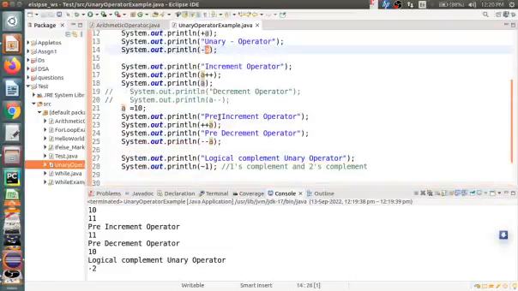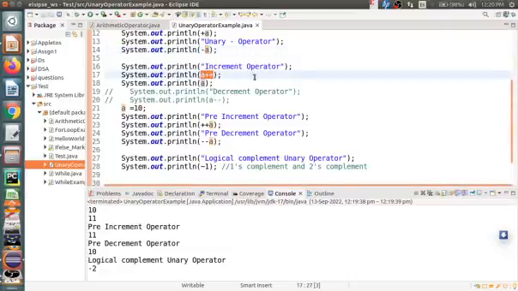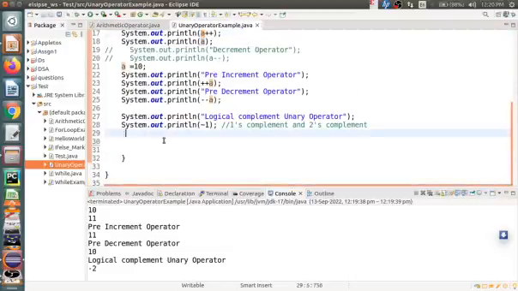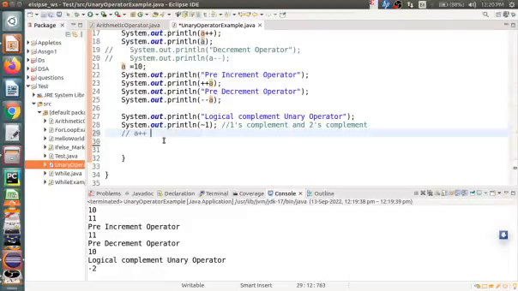Okay, there will be some questions regarding post-increment and pre-increment. They can be jumbled in some questions and some expressions, and you are asked what the value will be. Suppose a plus plus into minus minus a.